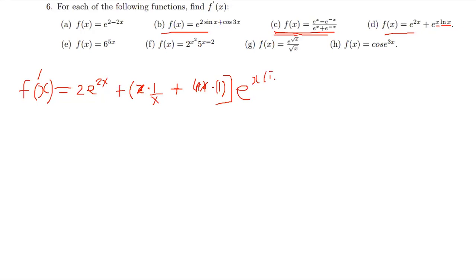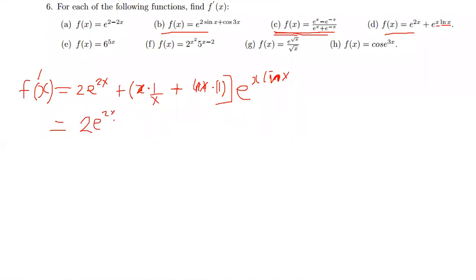So we proceed. So we're going to have our f prime being equal to 2e to the power 2x.